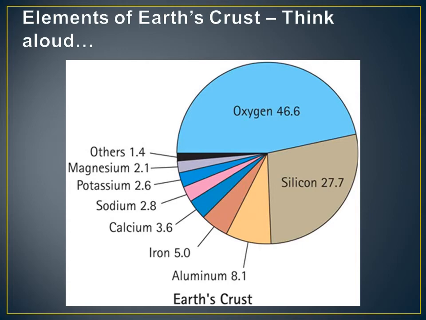And then we've got aluminum, iron, calcium, sodium, potassium, magnesium, and then everything else only makes up about 1.4% of the crust. So just think about that. Think about how we use these elements.